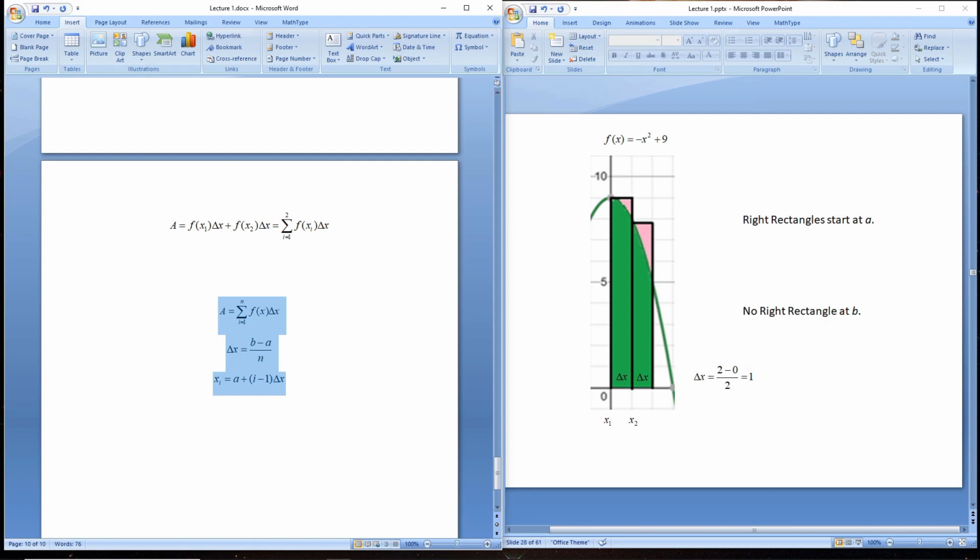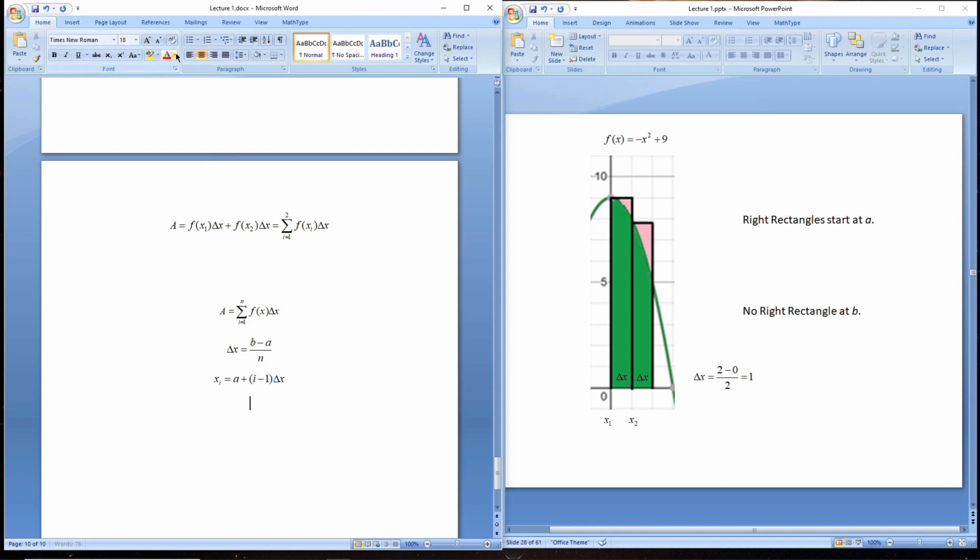Now, what do we know here? Again, remember, there's information that has to be given to us in order to do these problems. So what we know is that a equals 0, b equals 2, and so that tells us that delta x is 1, which we figured out a few minutes ago.